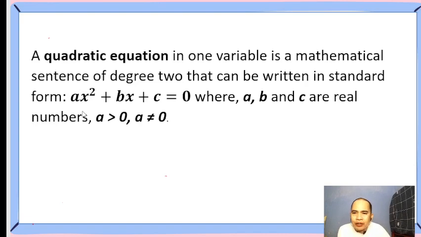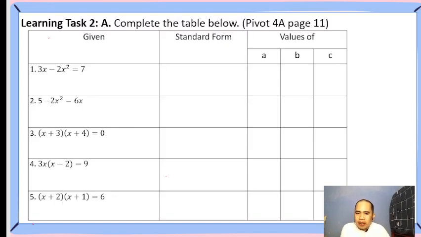Now, let us proceed for your learning task 2. Your learning task 2A is complete the table below. So, from here, meron tayong given different equation, then isusulat natin ang different equation na to into standard form, then i-identify natin yung values of A, B, and C. But to start, kailangan nating alalahanin, or we need to remember always what is the standard form of the quadratic equation.